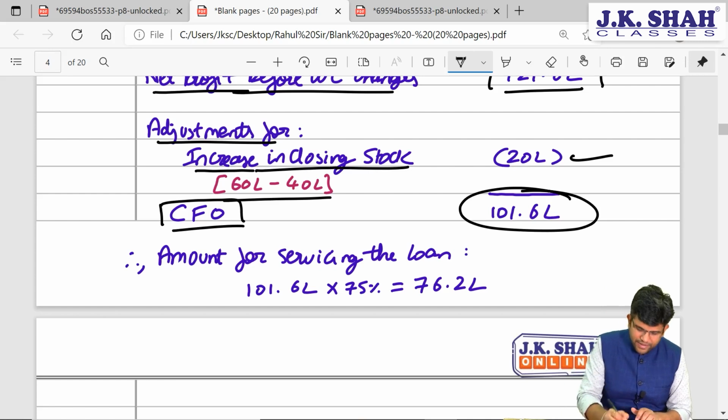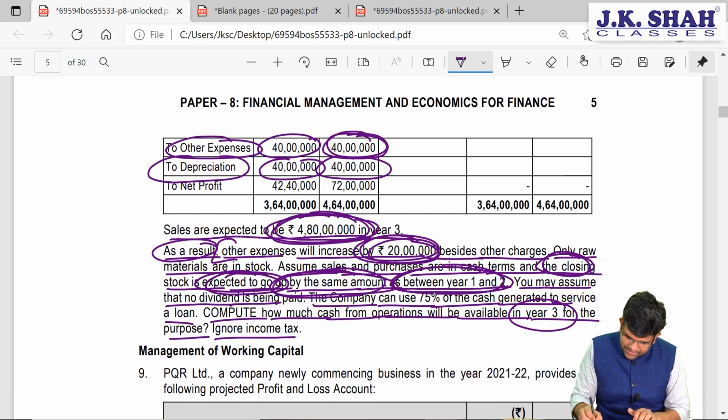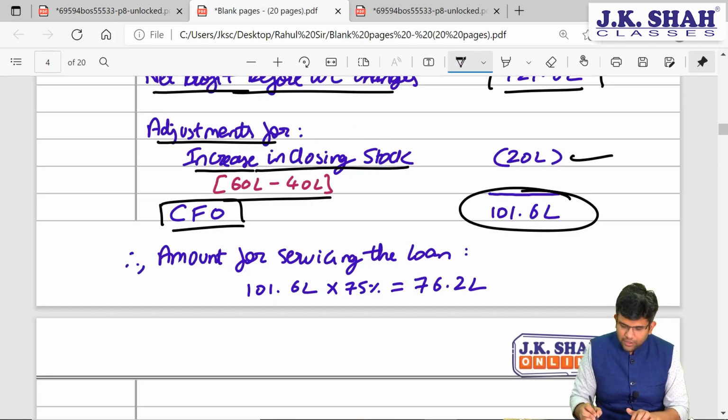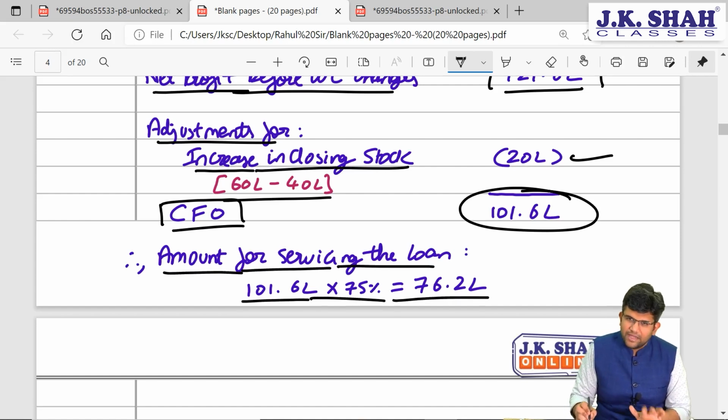Now from this 101.6 lakhs, they are telling that you can use 75% of this cash from operations for servicing a loan. So children, if 75% of this will be used for servicing the loan, the amount for servicing the loan will be 101.6 lakh into 75%, that is 76.2 lakhs. Everyone clear?